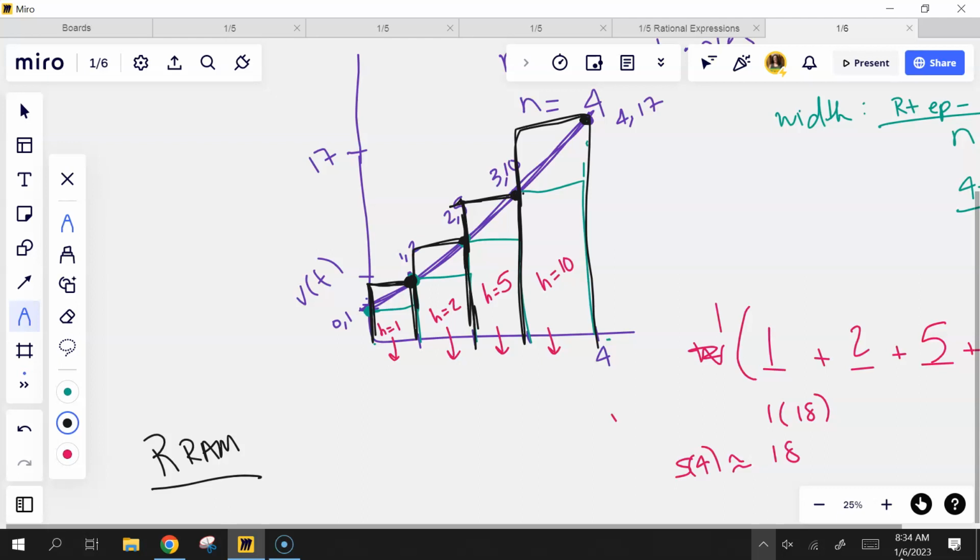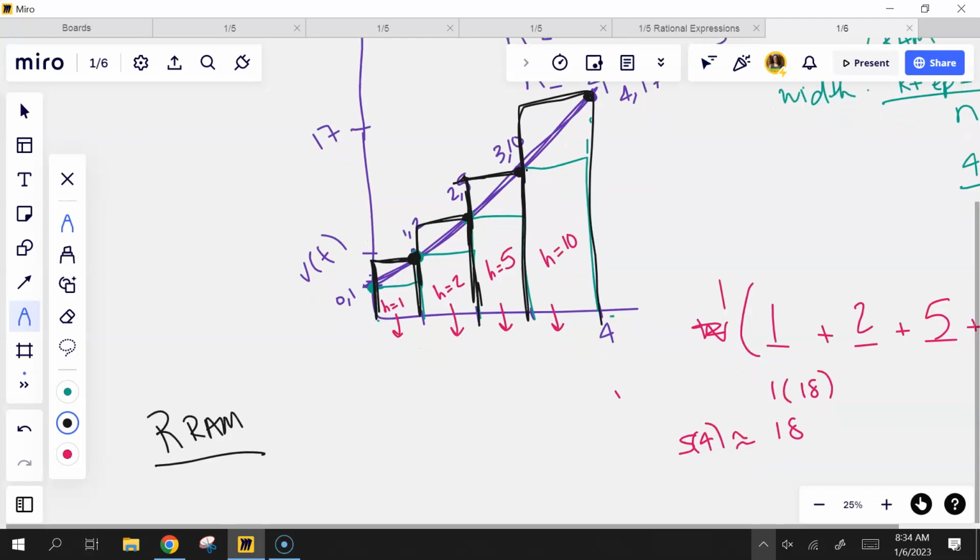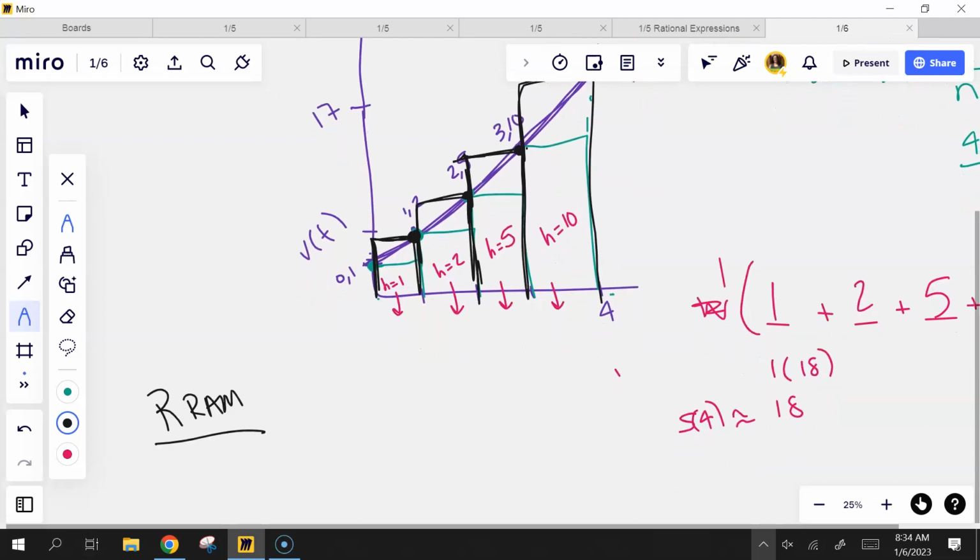Width is still the same, right? And I still find the area of a rectangle the exact same way: length times width or width times height, whatever. It's easier to say height here because of how we're looking at it. But my width is still 1. I'll say approximately. And now my heights. What's the height of the first rectangle? Now it's 2.